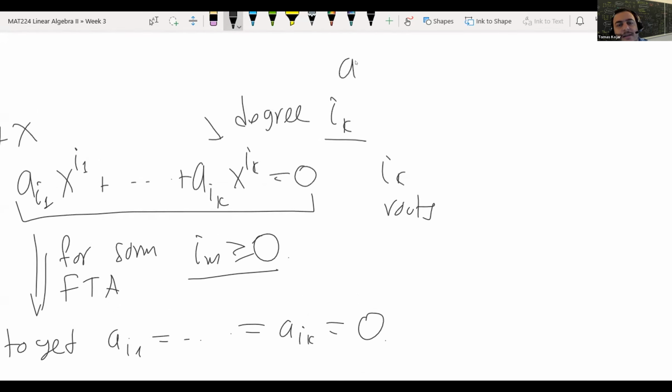It could be x squared plus a4 x^4 plus a100 x^100. So it's not like a nice ordered polynomial, right? So we took arbitrary elements.